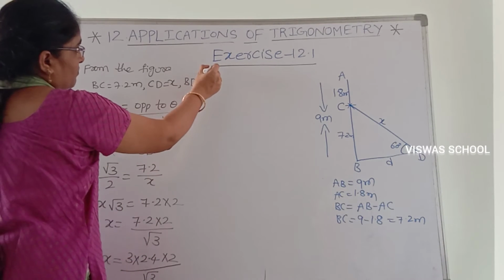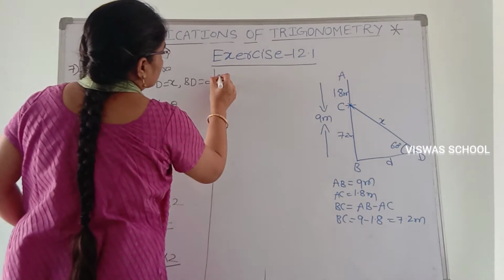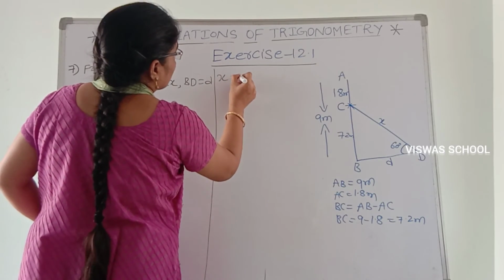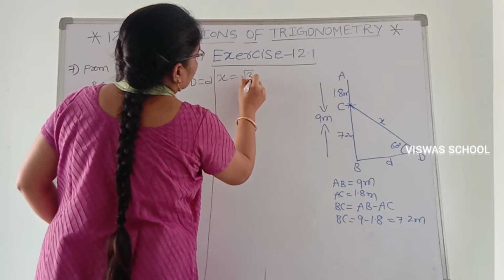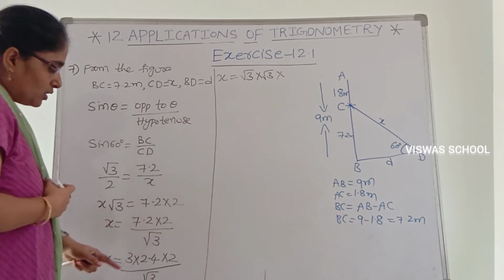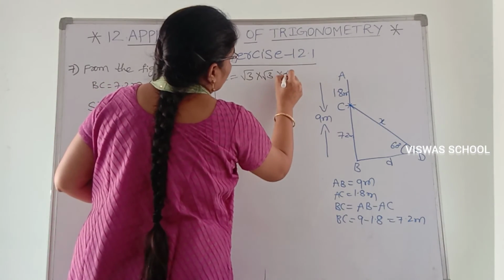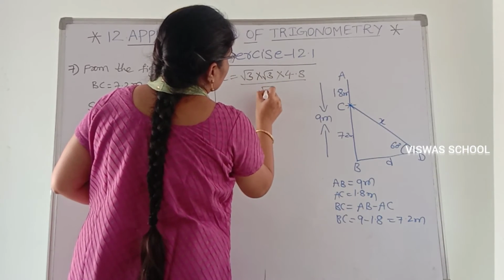Writing this 3 as root 3 into root 3, and 2.4 into 2 means 4.8, so it is 4.8 by root 3.